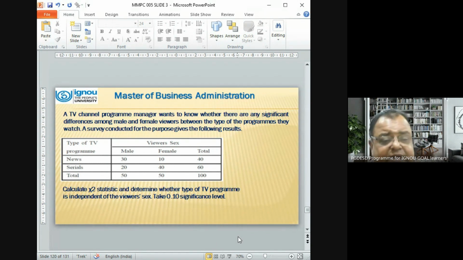Now we calculate the G-squared statistic and determine whether the type of TV program is independent of the viewer sex, and we take alpha equal to 0.10 significance level. Now how to proceed?